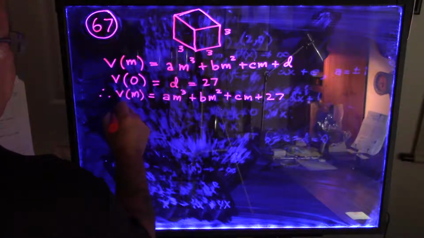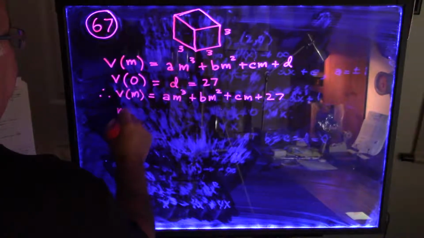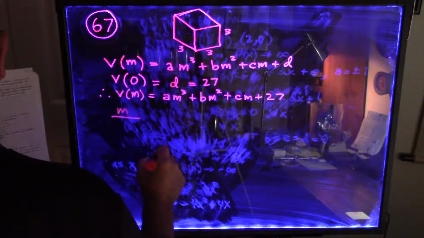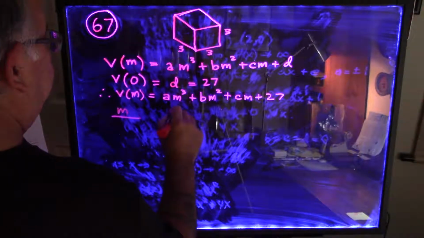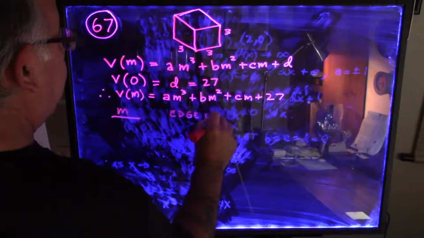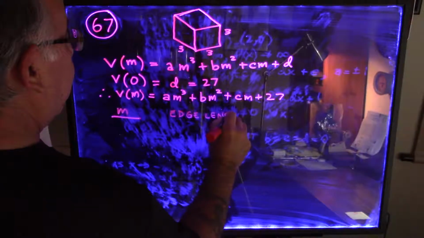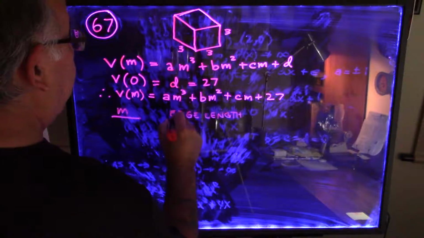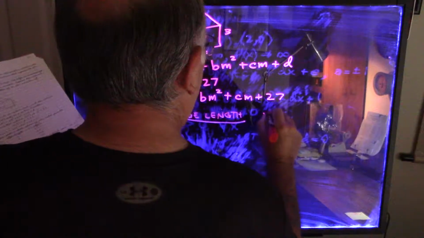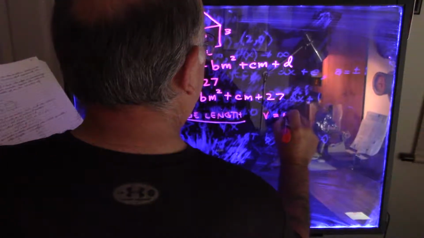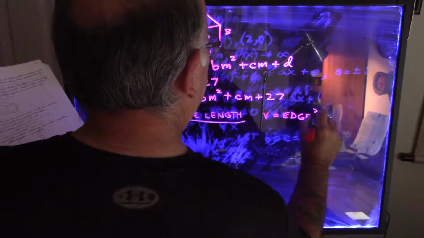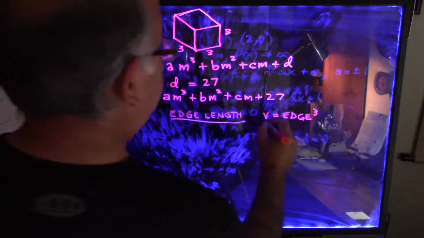I'm going to start with the time m in minutes, and then edge length, and then the volume, which will be the edge length cubed.